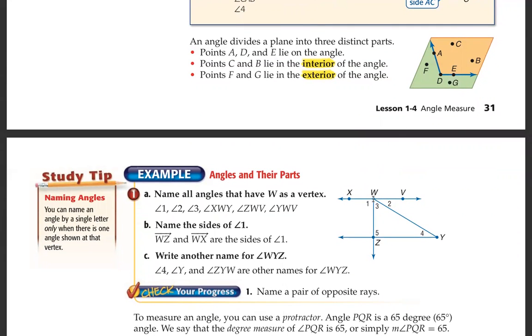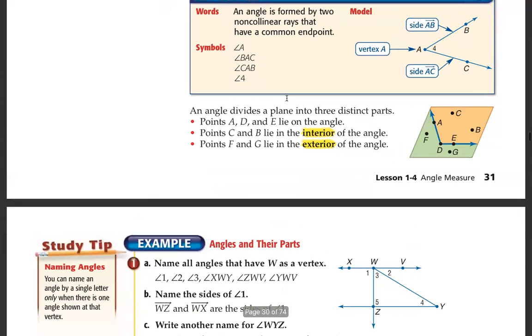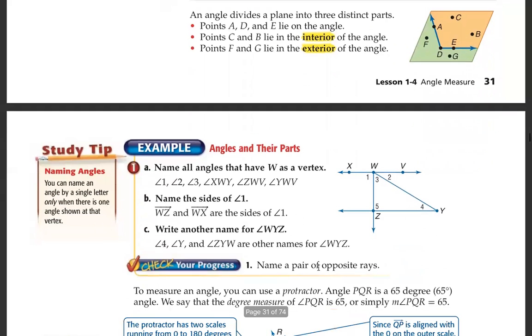For example, here, W. When you are asked, what angle is this one here? You cannot just say angle W because this one is also using W and this angle here is also using W. So the most specific way to name an angle is to use the three letters or the number assigned to the angle.